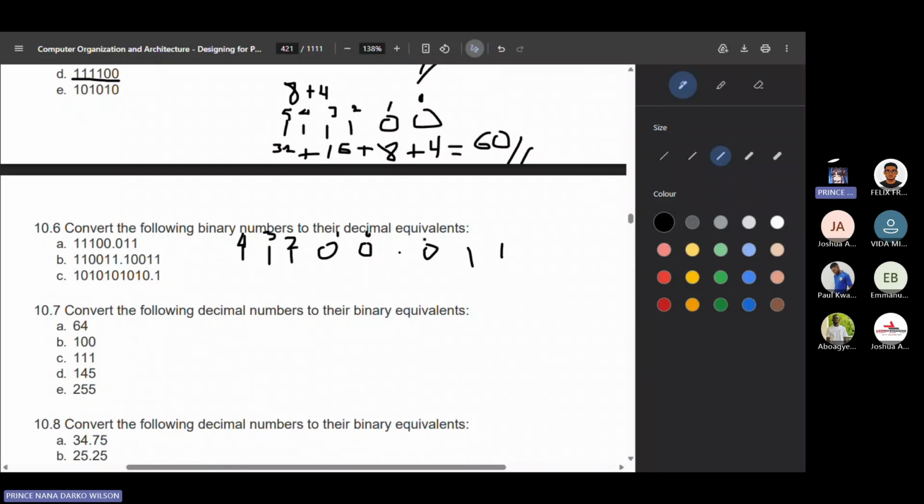This is going to be 2 to the power negative 1, 2 to the power negative 2, and 2 to the power negative 3. So starting from this side, 2 to the power 4 is 16, and then this is 8, and this is 4. These zeros are not significant, so do away with them. This though is significant, so let's see that.